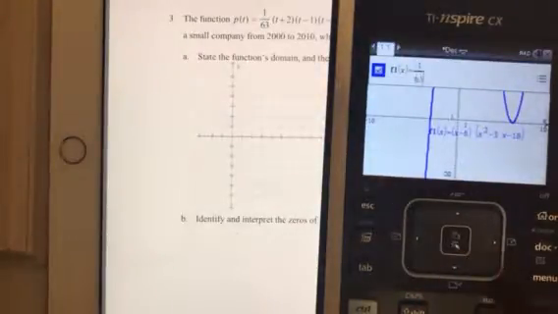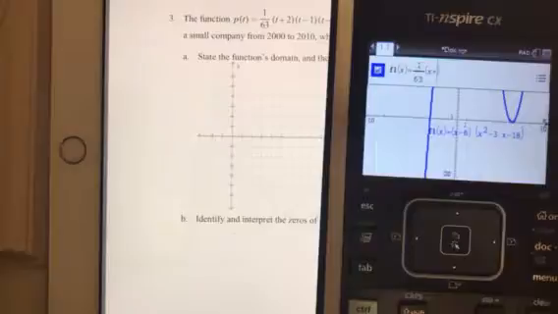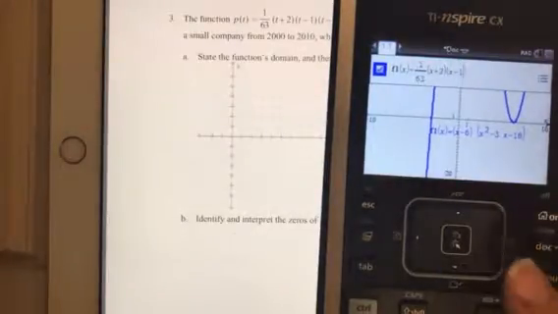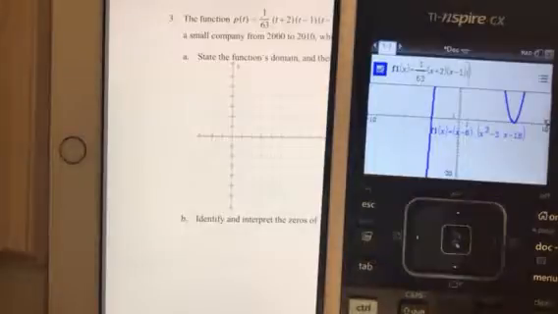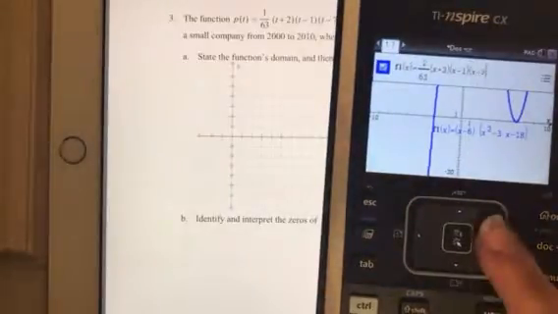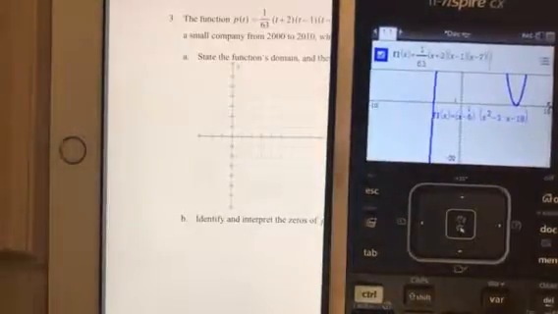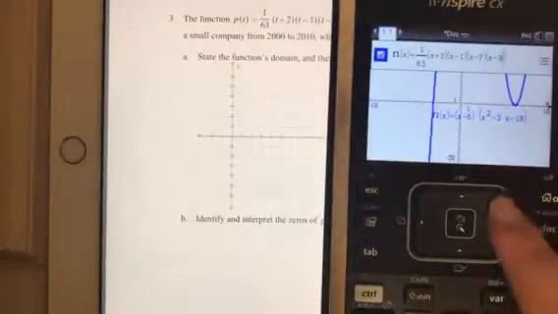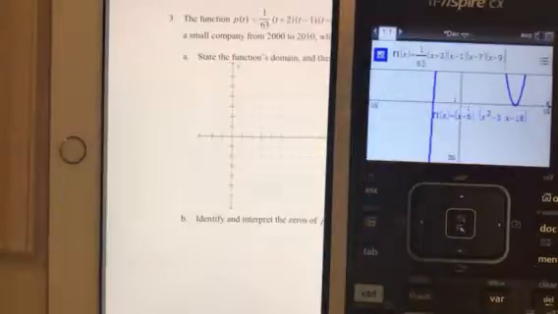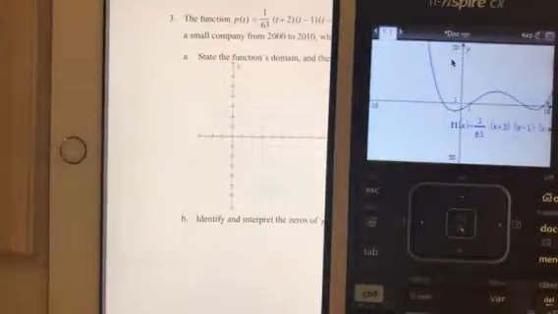One over 63, parenthesis x plus 2, parenthesis x minus 1, parenthesis x minus 7, parenthesis x minus 9. Okay, I'm going to hit enter, but I'm still going to mess with my window anyways.